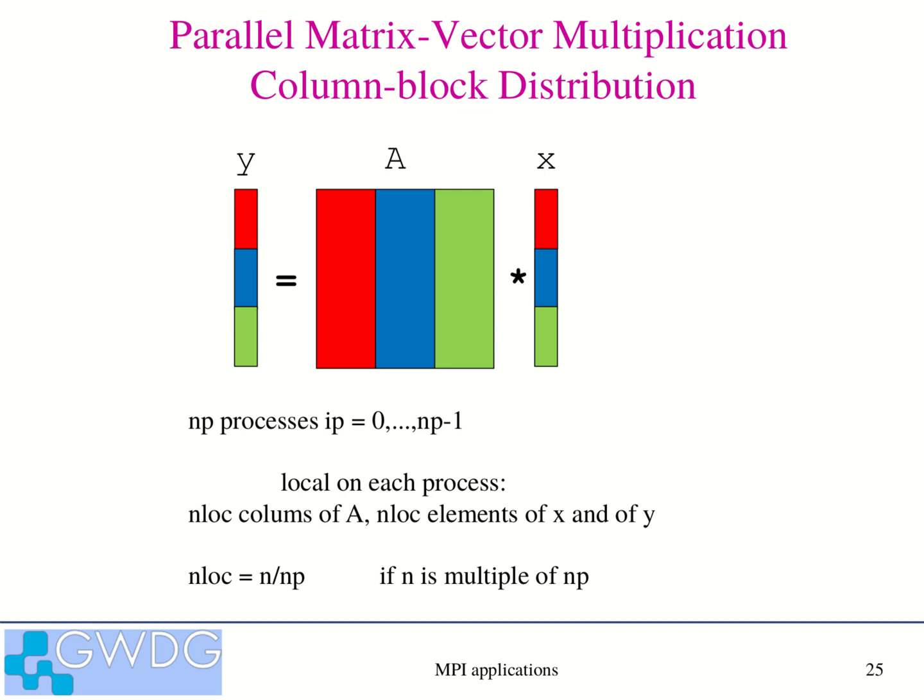So what you can do on process 0 locally is just to calculate this part of the row, which is smaller, which has the size of the number of columns, times the input vector here.